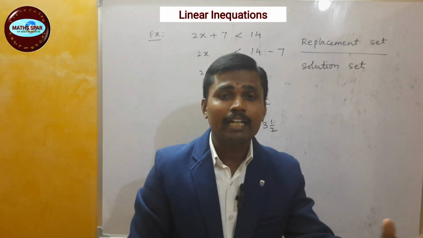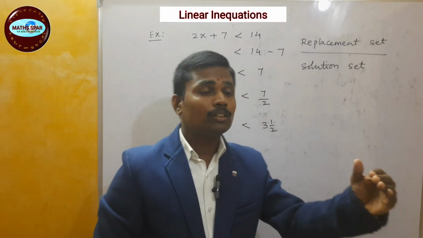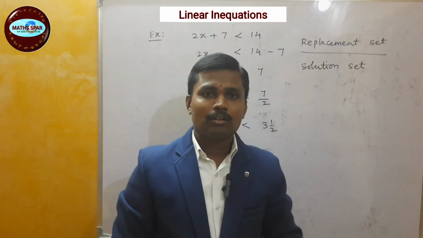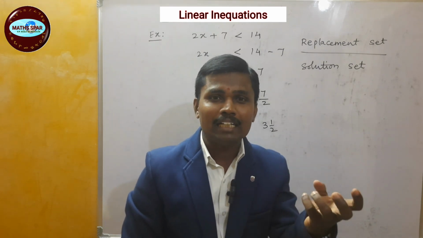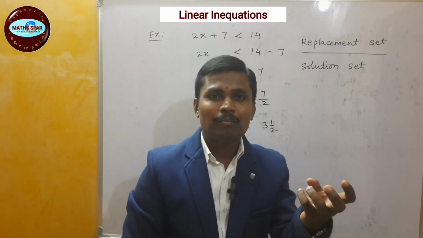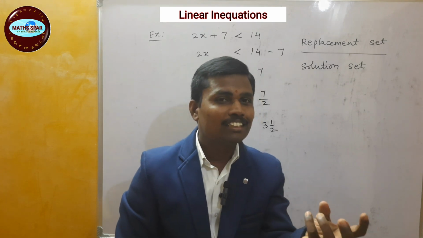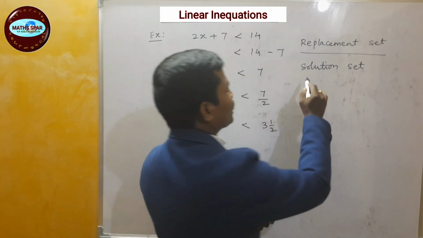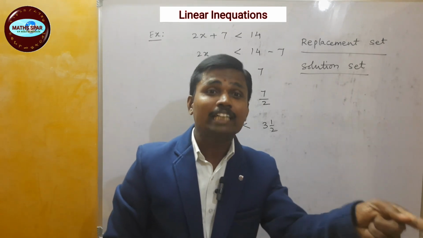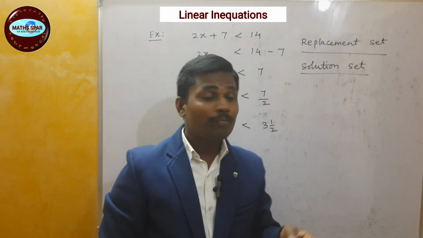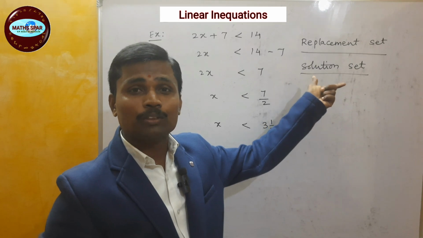Because the child is crying, I offered so many things. Those come under the replacement set. But the thing at which he smiled, meaning his expression changed, is nothing but the solution set. And we came to know that he needs a chocolate. So that comes under the solution set.